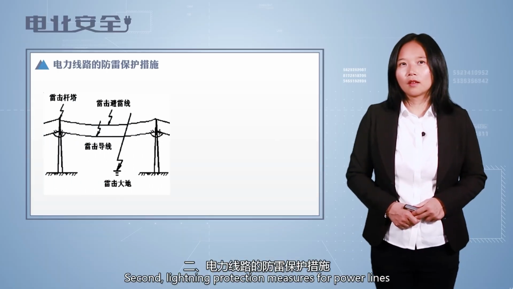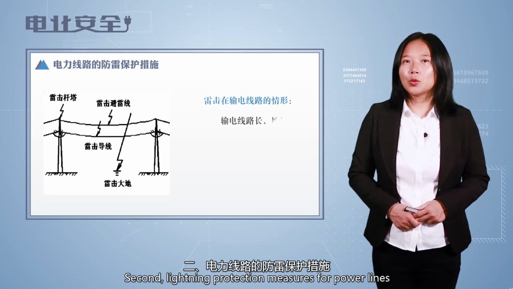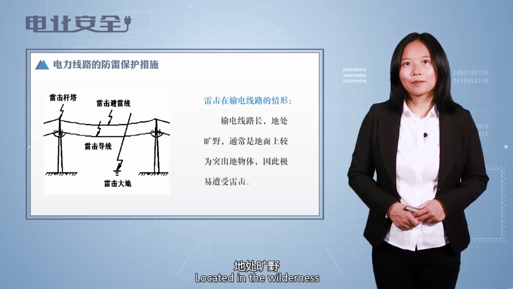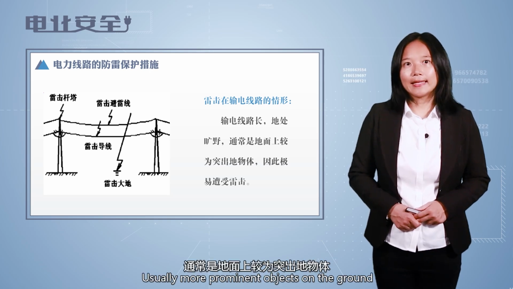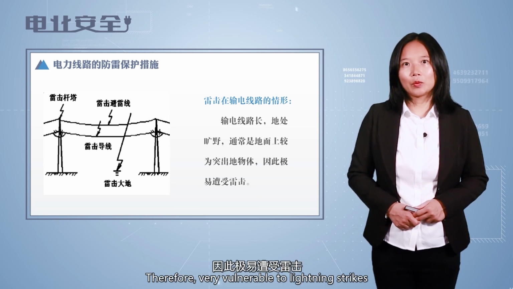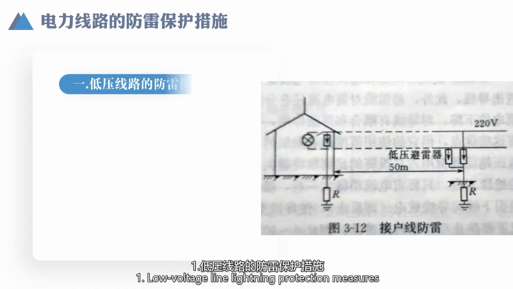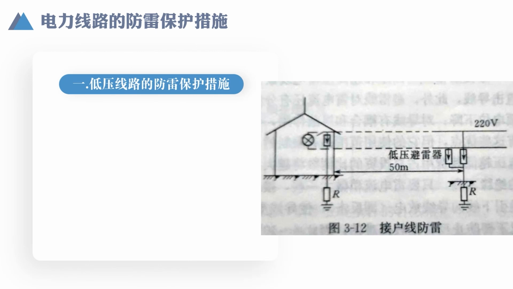Second, lightning protection measures for power lines. Long transmission lines located in the wilderness are usually more prominent objects on the ground, therefore very vulnerable to lightning strikes. First, low voltage line lightning protection measures.